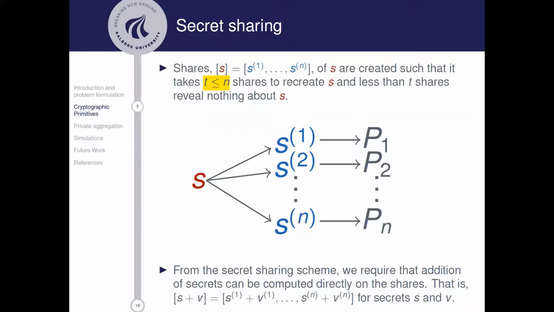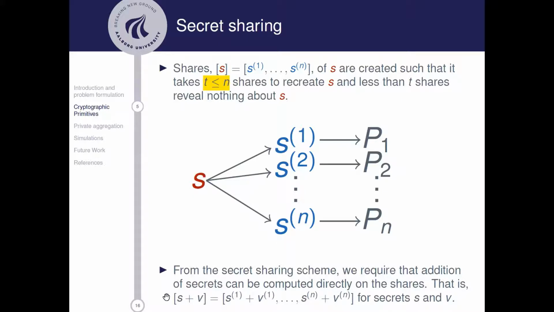Secret sharing is, of course, about a secret S. What we would like is to generate so-called shares of S in such a way that each share doesn't leak any information about S. In fact, you need to combine at least T of the shares to recreate S. In this way, we can distribute the shares among a set of participants such that each participant doesn't gain information about S. There are many different schemes to generate these shares, and all we require from the secret sharing scheme is that addition of secrets can be computed directly on the shares.